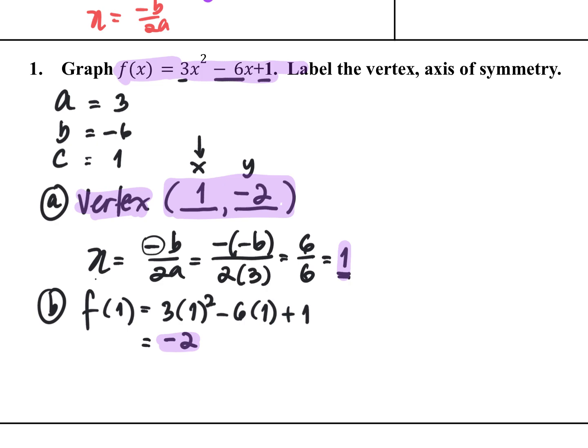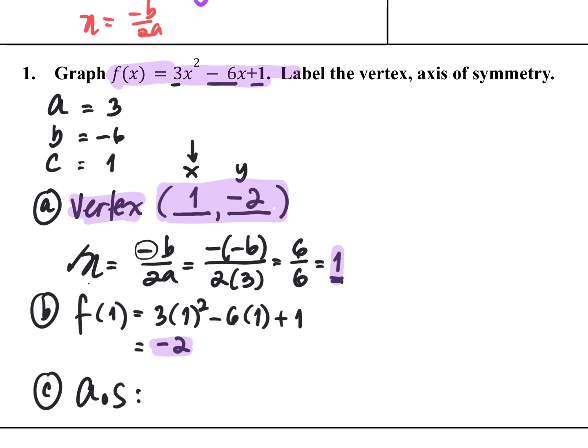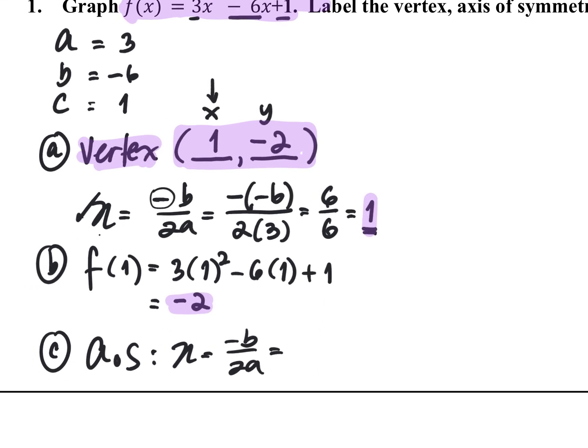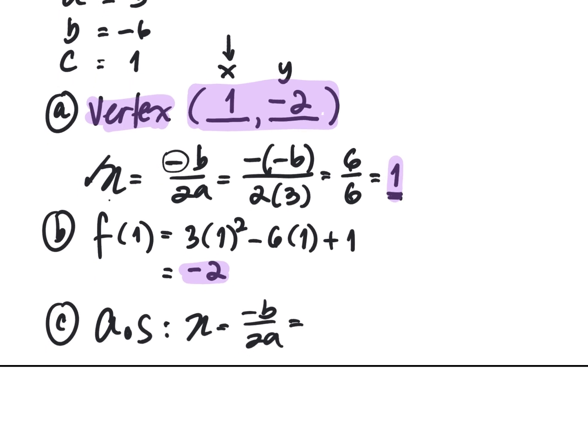Okay, letter c, we're going to find our axis of symmetry. The axis, we call it AOS, you can find using the same equation, x is equal to negative b over 2a. But since they are actually the same, you can just look at your vertex, and the axis of symmetry is actually at 1. But let's just do it for the sake of learning today.